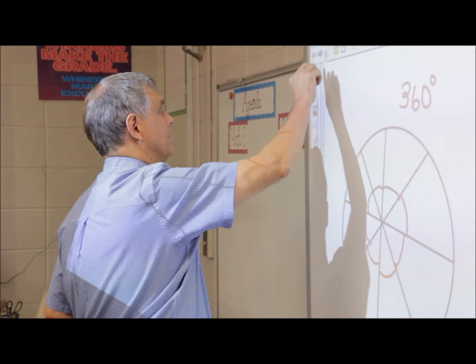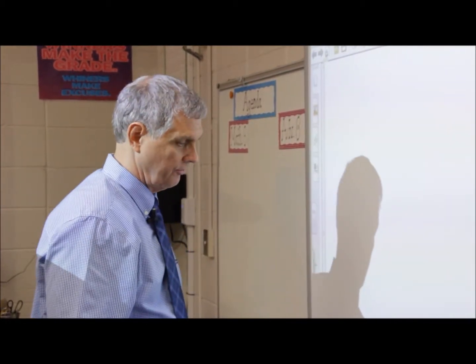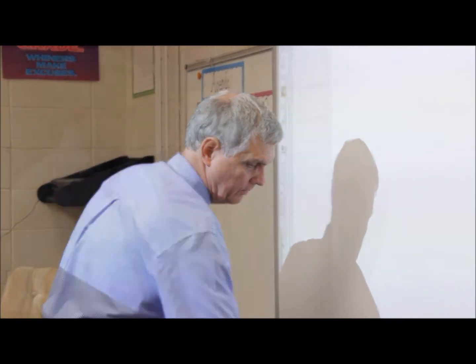Let's take a look now at some things about lines you need to know. What do we need to know about two intersecting lines? Well, one of the first things you need to know is that opposite angles are what they call vertical angles. This angle and this angle, these are opposite each other, are called vertical.